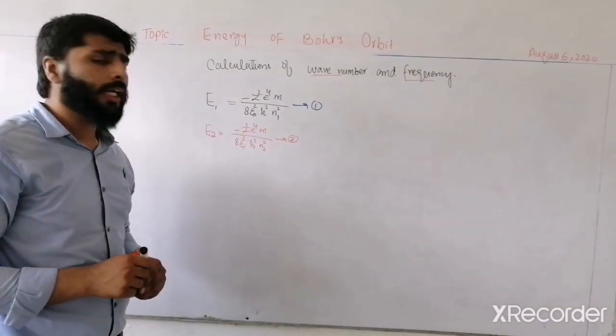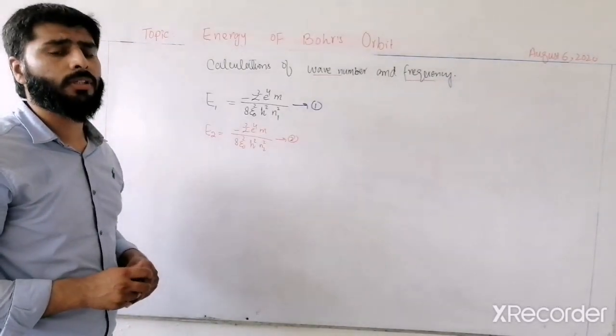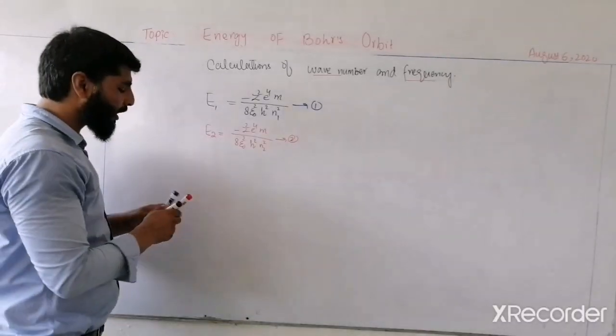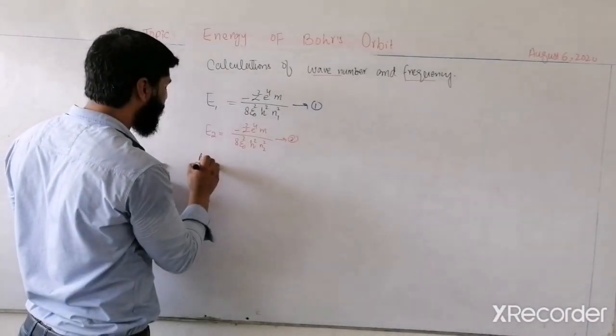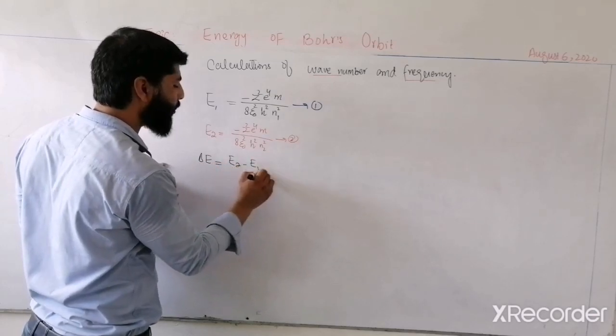Students, in order to find the frequency and wave number, we have to find the energy difference between two levels. So we can find the energy change, which will be delta E. Delta E will be equal to E2 minus E1.